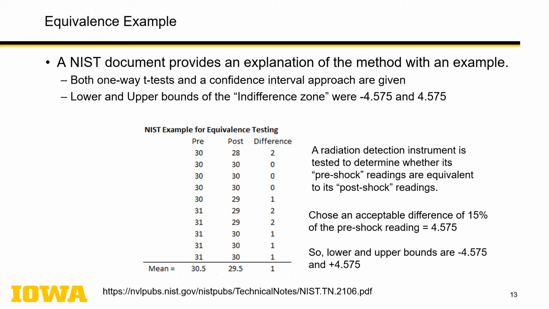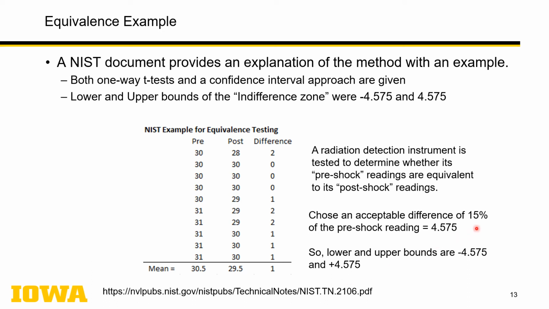And they decide on an acceptable difference, as you see here, of 15% of the pre-shock readings, which is 4.575 relative to this mean of 30.5. So they have established lower and upper bounds, these deltas of minus 4.575 and positive 4.575.